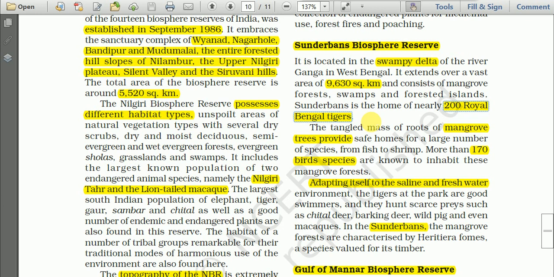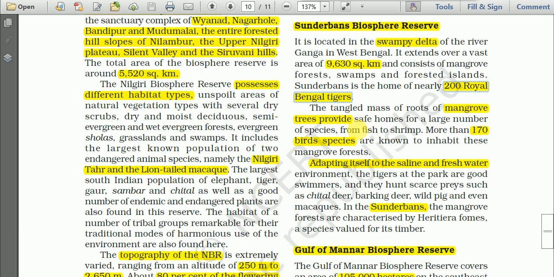The tangled mass of roots of mangrove trees provide safe homes for a large number of species, from fish to shrimp. More than 170 bird species are known to habitat in these mangrove forests. Different types of bird species are found.